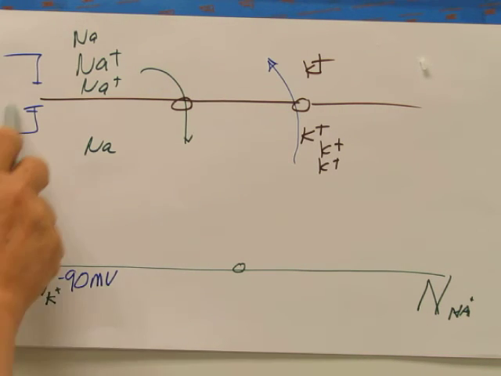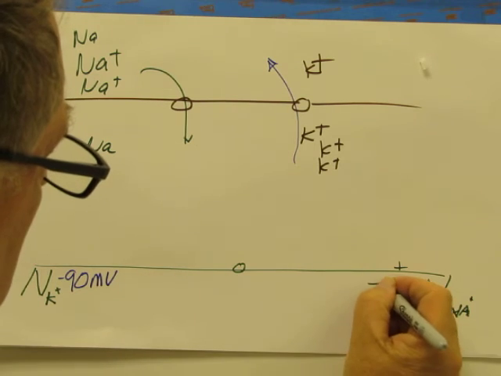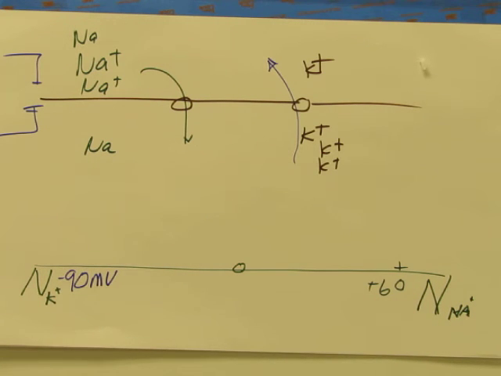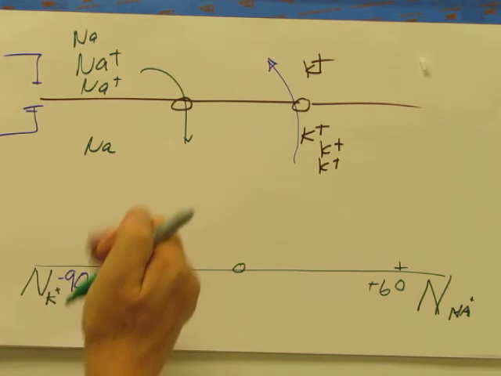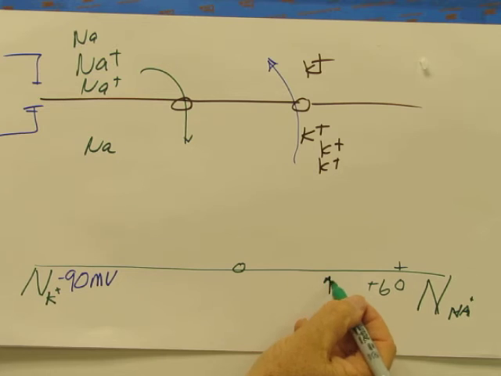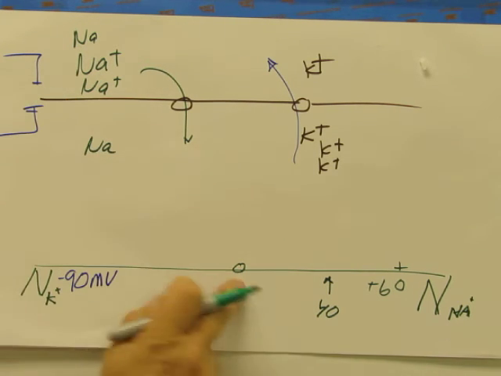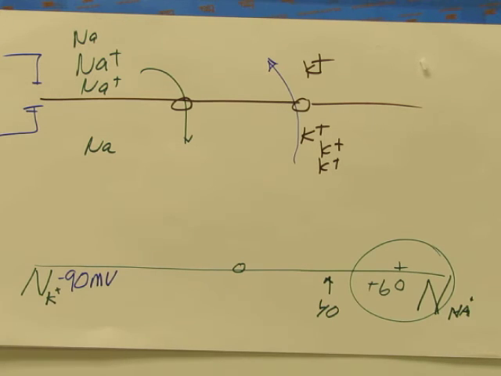If we allow it to flow into the cell as fast as possible, unrestricted flow, the voltage it would reach would be plus 60 millivolts. If you were to restrict the flow of sodium, you wouldn't reach plus 60. We only get, let's say, plus 50 or plus 40. So you have to have unrestricted flow to reach the Nernst equilibrium for sodium of 60.